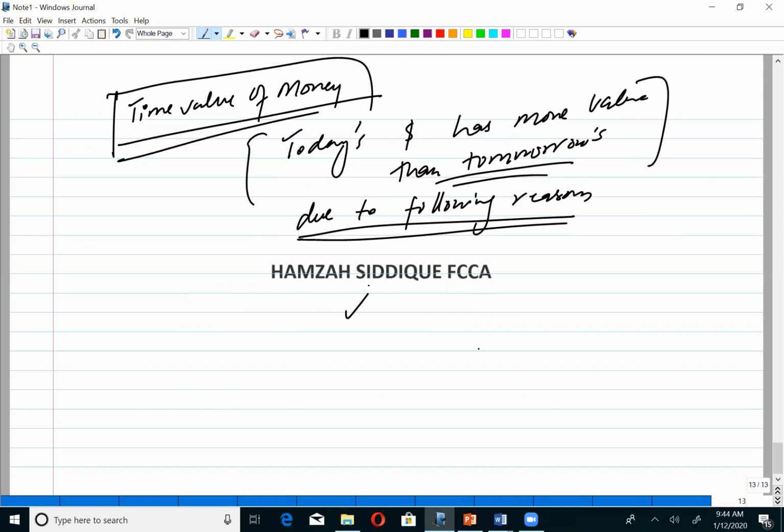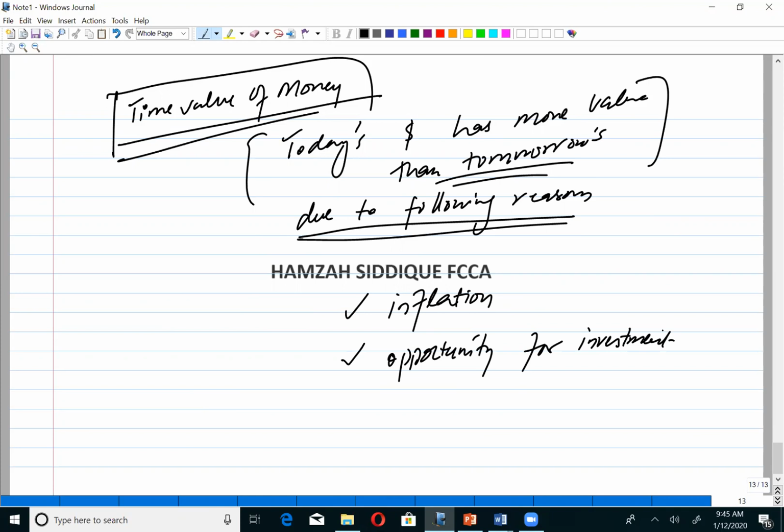The reasons are these. First of all, inflation: due to inflation in the economy, currency will be devalued tomorrow. Second, opportunity for investment. You receive today, invest today, and you may double it tomorrow.